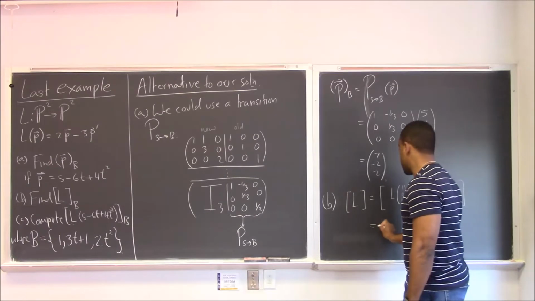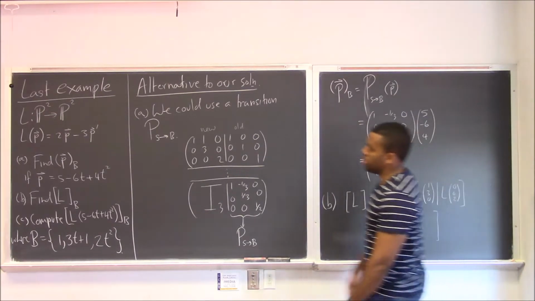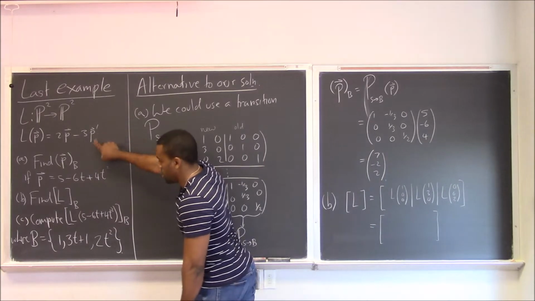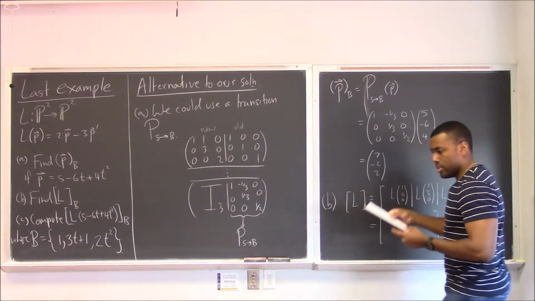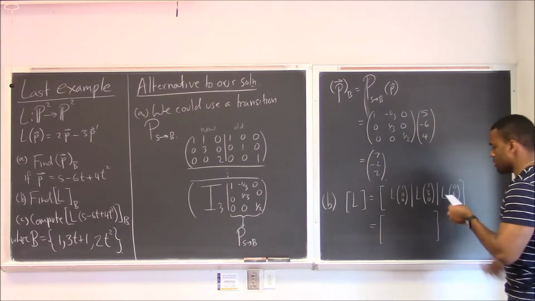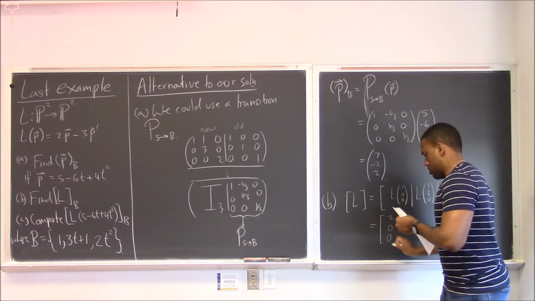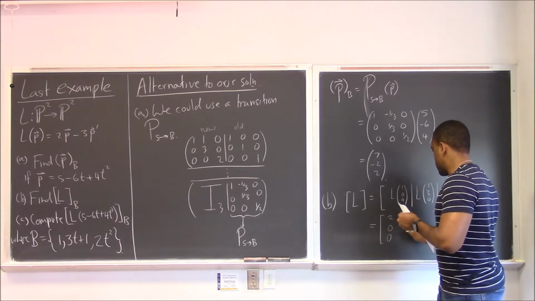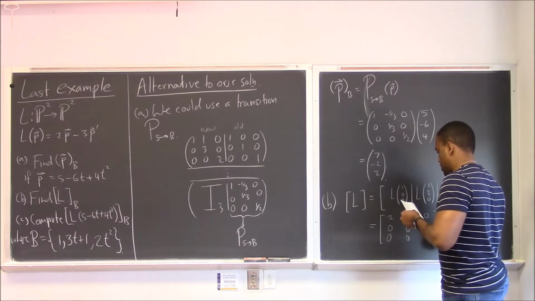That would be the standard matrix. Now this one, it was a lot easier to find because we could just use the calculus interpretation and get to these pretty quickly. And we actually did that. And we found that this was 2, 0, 0, minus 7, 6, 0, and 0, minus 12, 4.